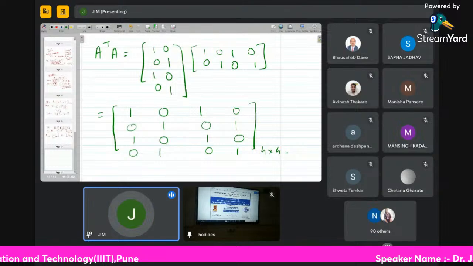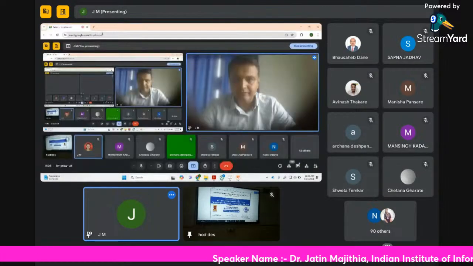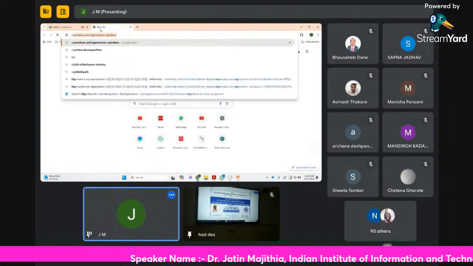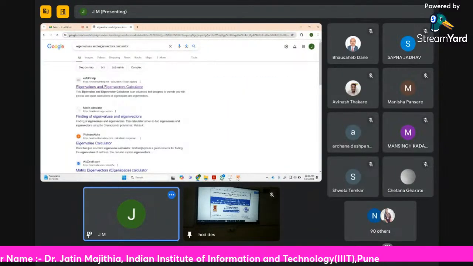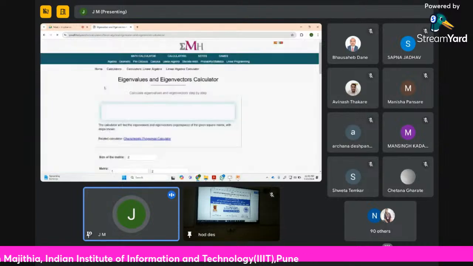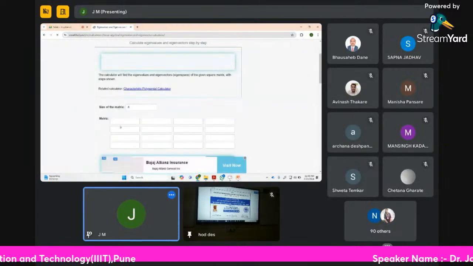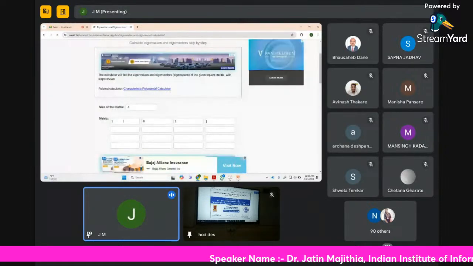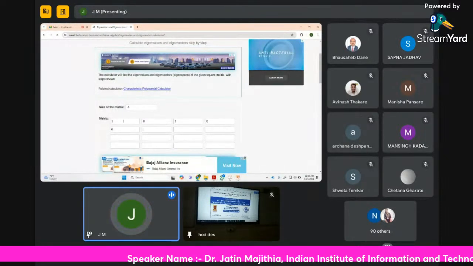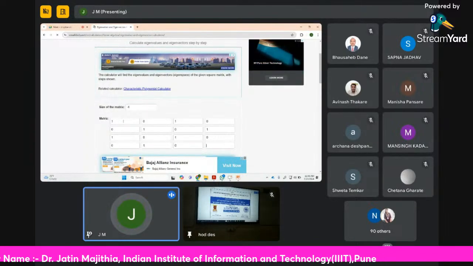Let us try to find the eigenvalues. Let's set this to be 4. Our matrix was 1 0 1 0, 0 1, 0 1.